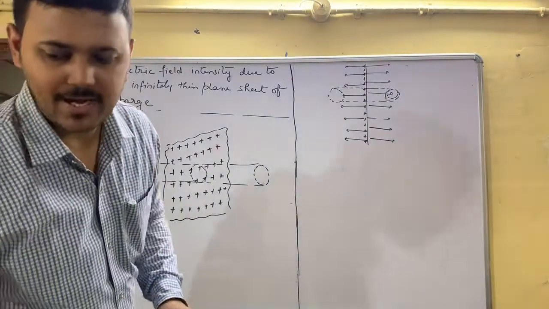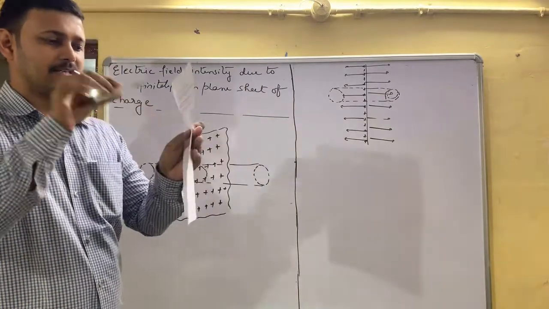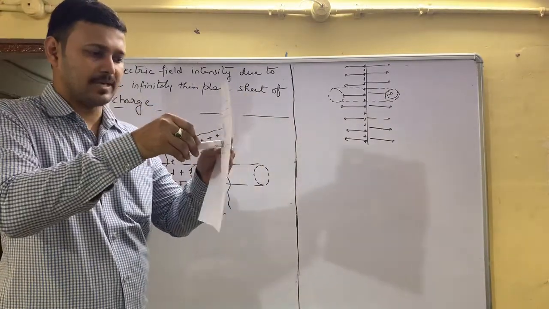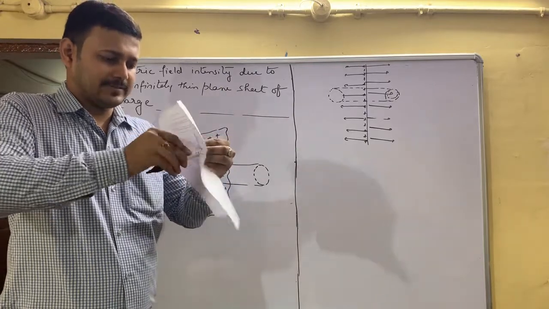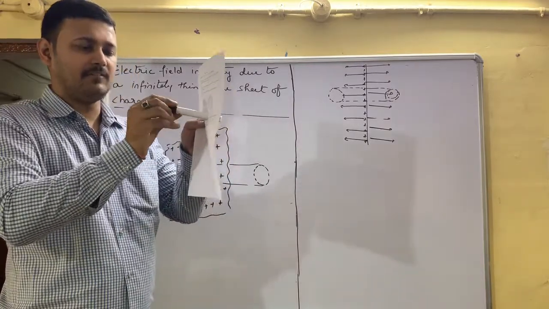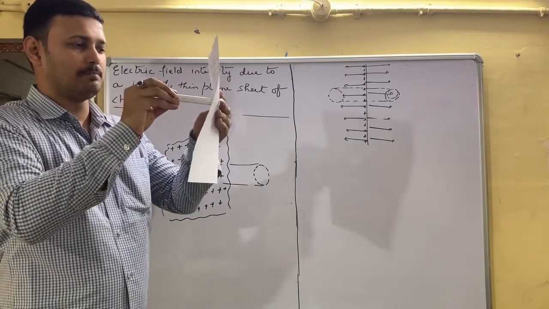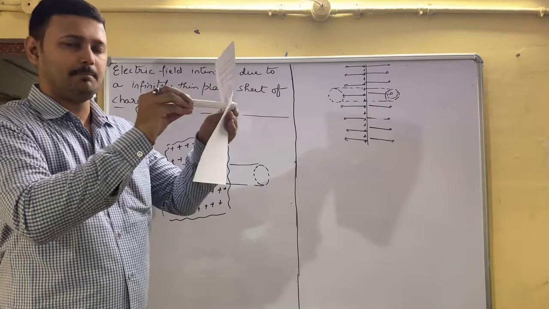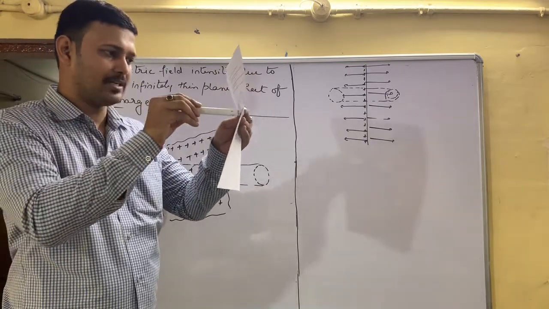Suppose this is the sheet we are having. And if we pierce a pen across this, then we can have it like this. The pen will look like this. This is the sheet and this is the pen which will pierce through it. So this pen is a cylindrical body and it will pierce through it.